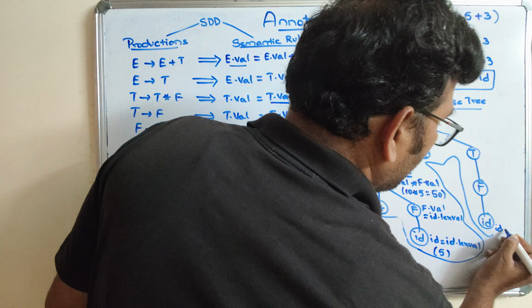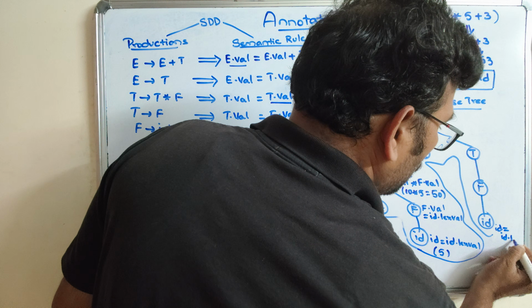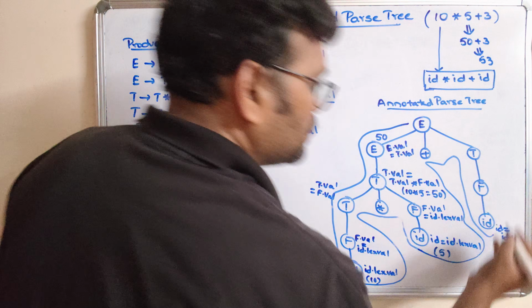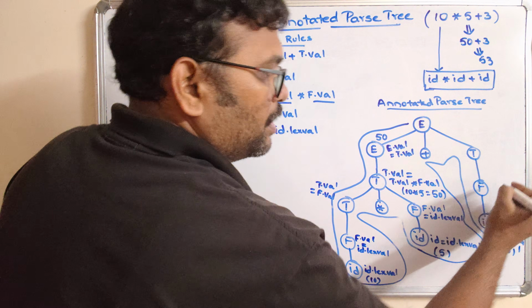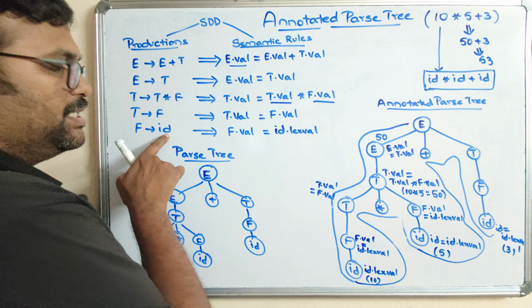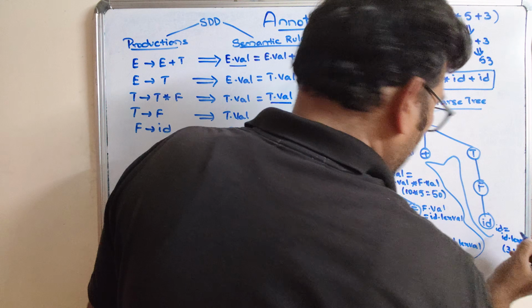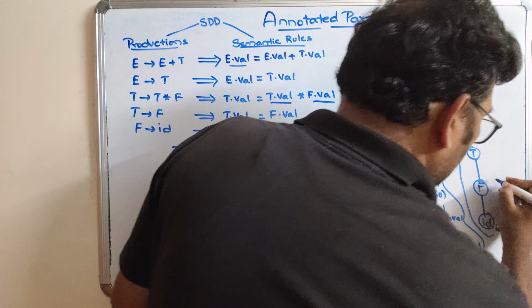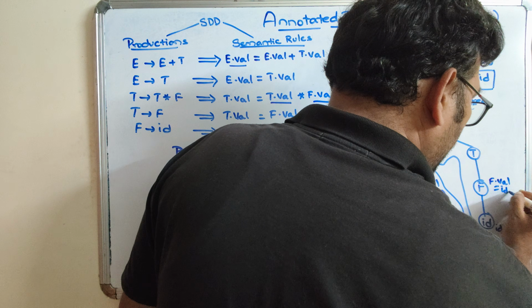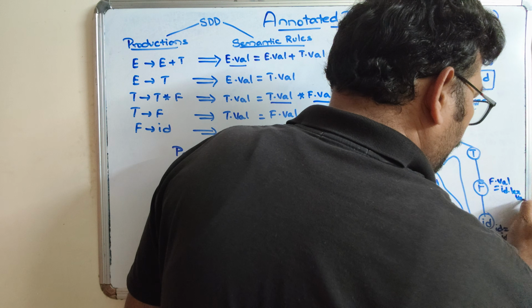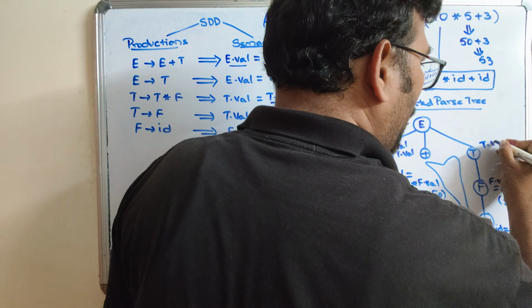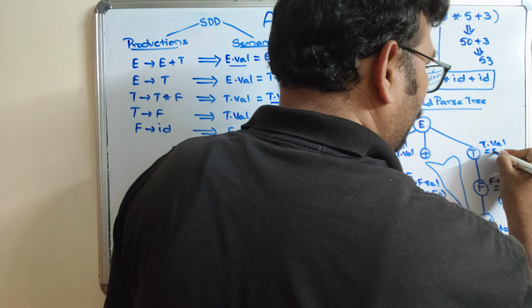So again id is equal to id dot lexval. The id dot lexval is the third one, that is 3 here. Now F depends upon id. According to the productions, F is equal to id dot lexval. So F dot val is equal to id dot lexval. So 3 will be obtained, and here again T dot val is equal to F dot val.